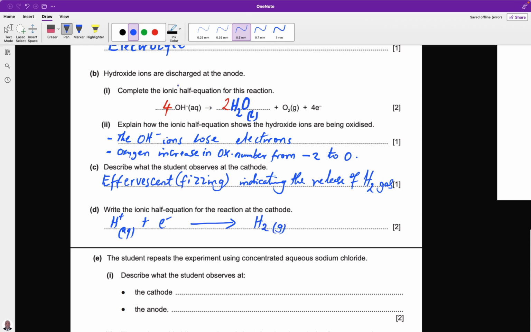We need to balance our equation. We have a 2 here to balance the hydrogen. Then there are 2 ions here, so there will be a 2 here as well. And that is the equation.